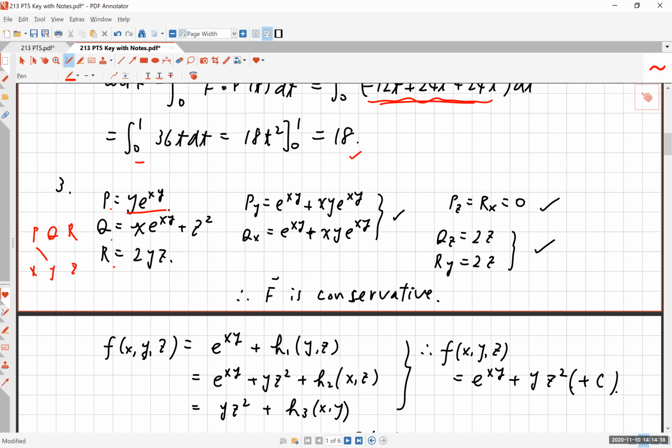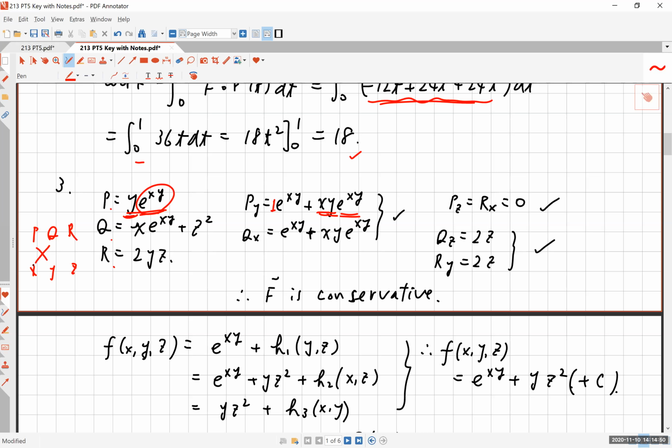The product rule says it is the derivative of the first with respect to y, which is 1, times the second, which is just e to the xy, plus first y times the derivative of the second, the derivative of e to the xy with respect to y. I hope you understand that this x is acting like a constant. So x comes to the front, and then e to the xy, of course, stays. So this is your PY.